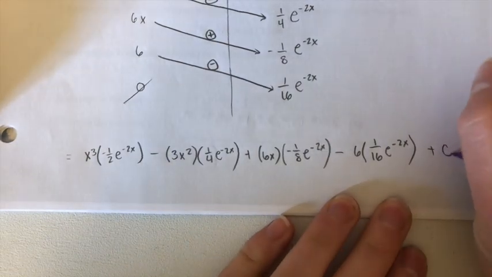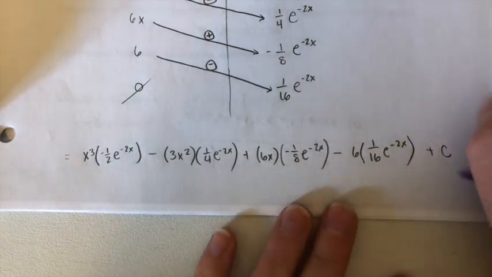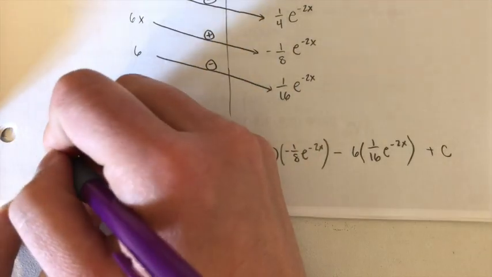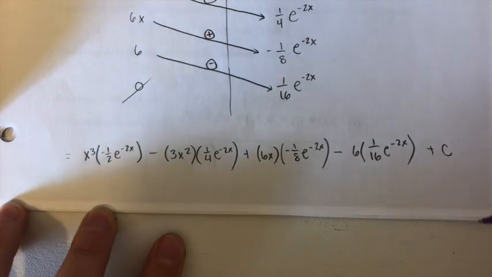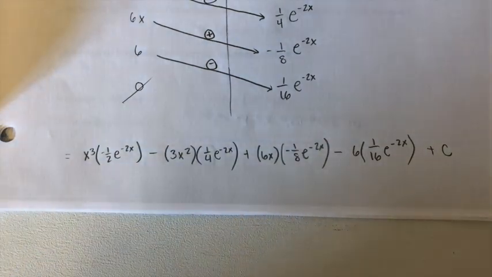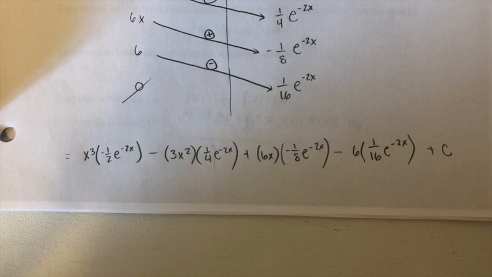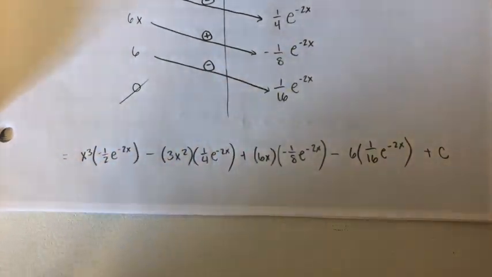Okay, and then just like on any other antiderivative, we need that plus C to show that this is a family of functions. We could simplify this. I trust that you guys could do that, but just for time's sake, I'm going to skip that part, but it's easy enough to multiply our coefficients together.